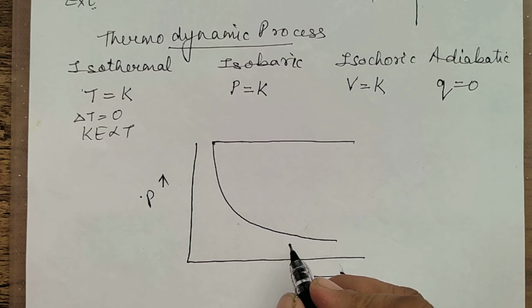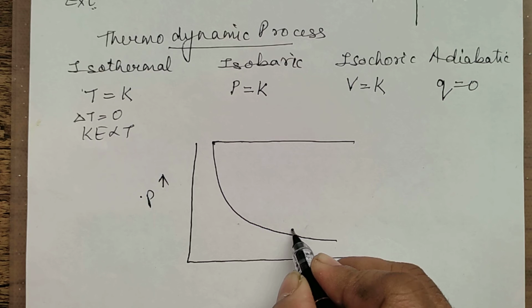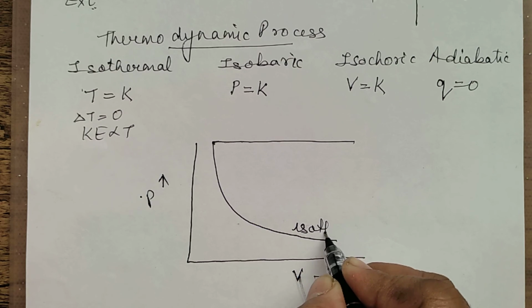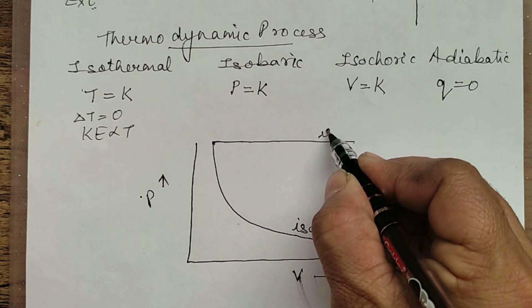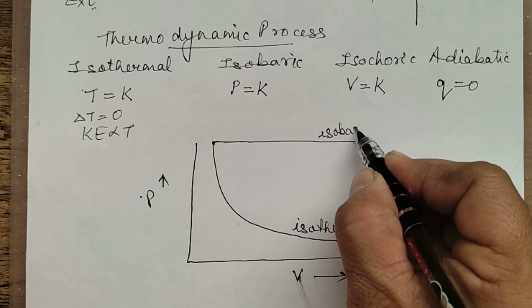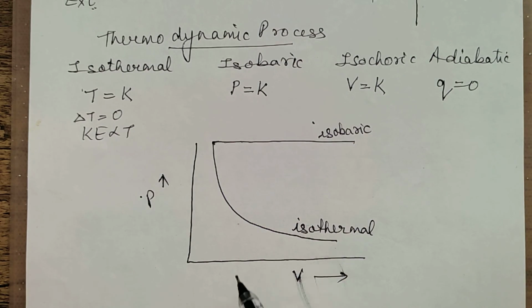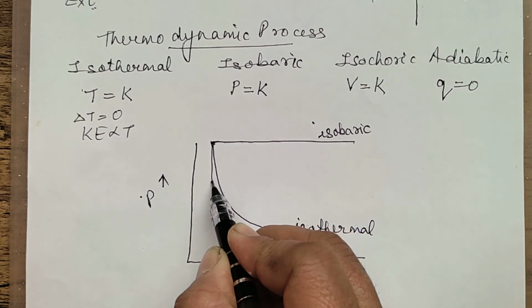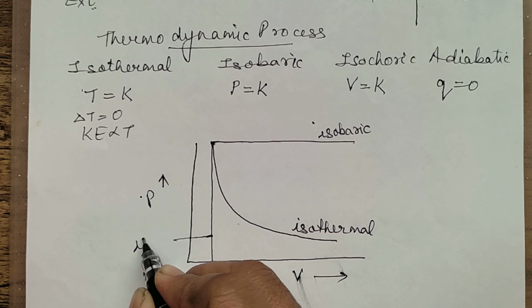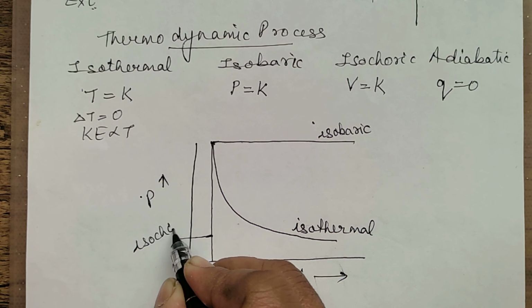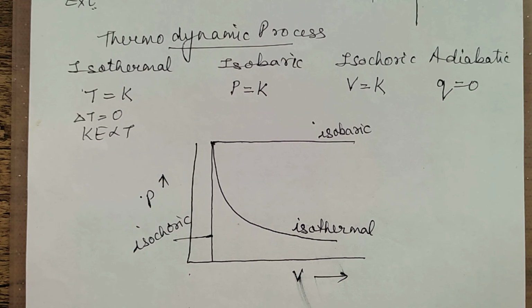The graph which I have drawn, the first one is isothermal. This one is for isobaric. Pressure is constant. If it is for isochoric, volume should not be changing. So you can have it like this. This one is for the isochoric. Volume is not changing for that.